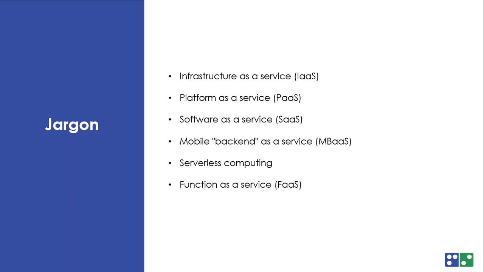Now, it always stands for as a service, something as a service, and it's very important, this little acronym. It means something, and again, I'm already starting to harp on it, right? So if we talk about infrastructure as a service, it physically means that, and we're going to unpack these things a little bit more. So you've got infrastructure as a service, platform as a service, software as a service, backend as a service, or what's now sometimes referred to as mobile backend as a service, serverless computing, and function as a service.